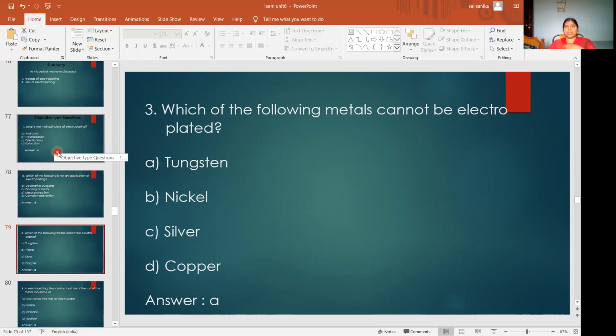So only a few metals are electroplated. Among these, which is not electroplated? Options: A, tungsten. B, nickel. C, silver. D, copper. Copper can be electroplated, silver can be electroplated, nickel too. So the answer is A. Tungsten cannot be electroplated.